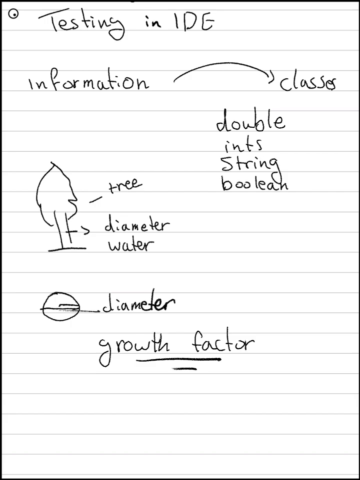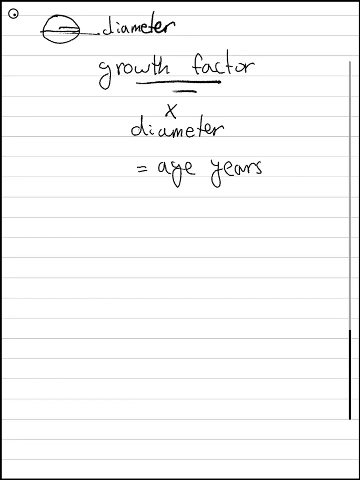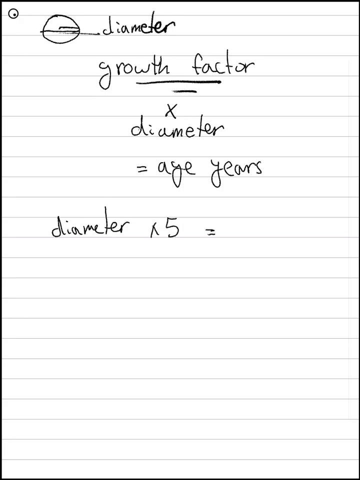So all you need to do is multiply a tree's growth factor by its diameter, and then you will know its age in years. That's actually very cool. That's pretty cool, I agree. So, as a general rule, you can multiply a tree's diameter by 5. That's like a typical, I guess, growth factor. And you can determine this number.